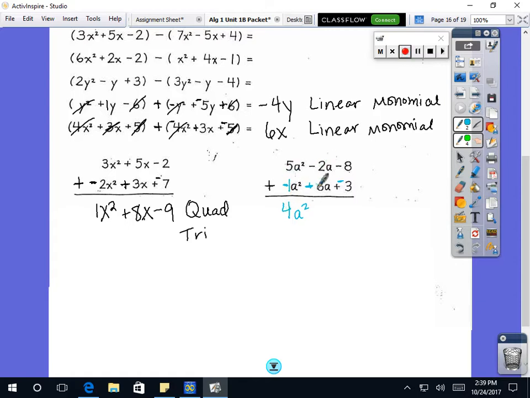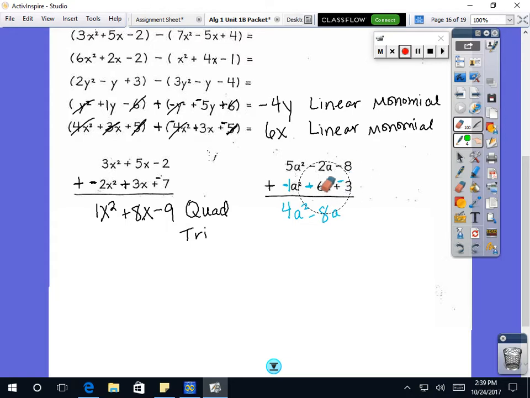Negative 2a plus a negative 6a is, what was the sign before? It was a positive, it looks like. Negative 2 plus negative 6, right? So negative 8a. Okay, let me check my signs. Yeah.